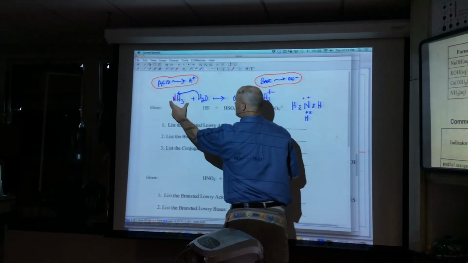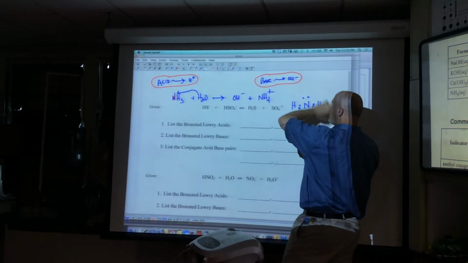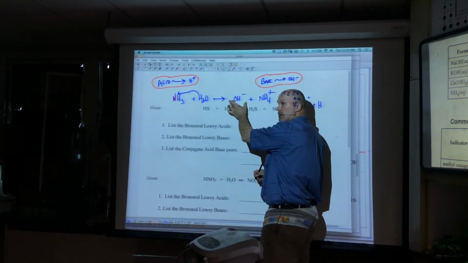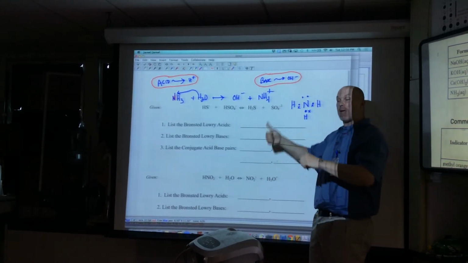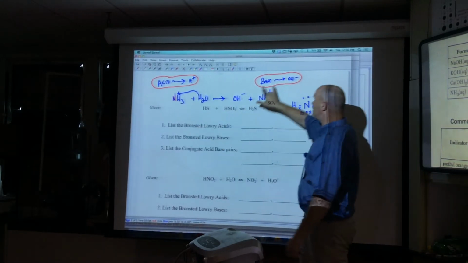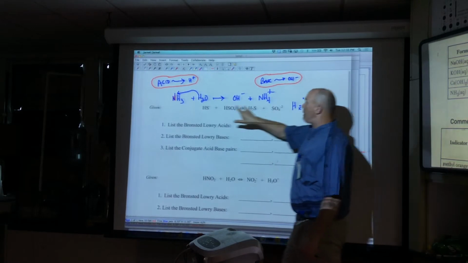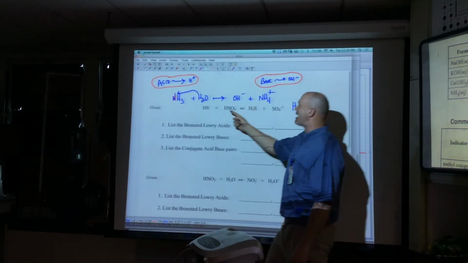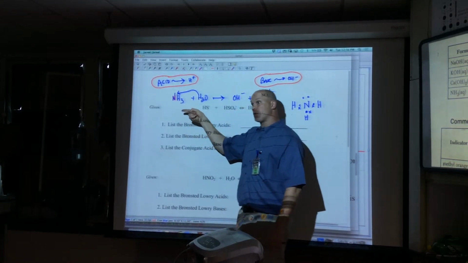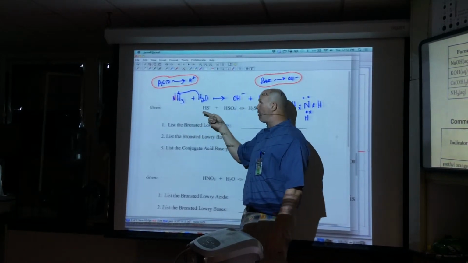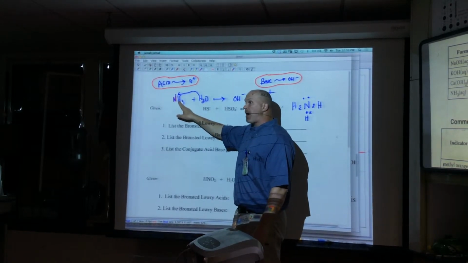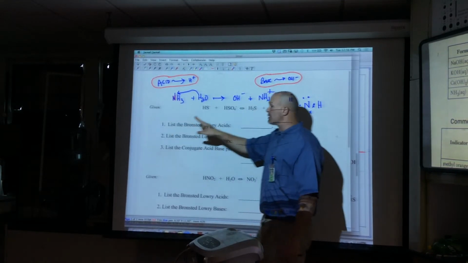By yanking H's from water to the lone pair, it produced hydroxide ions, made the basicity go up, made the pH go up. So this acted as a base, not by giving off hydroxides, but by producing hydroxides by accepting an H+.